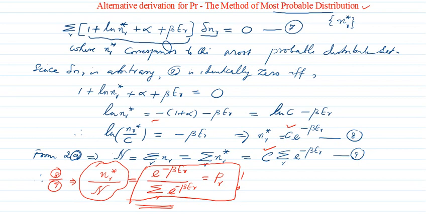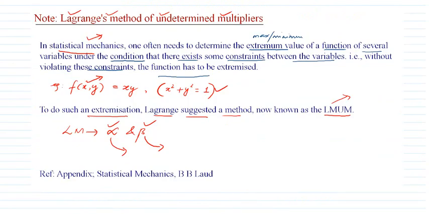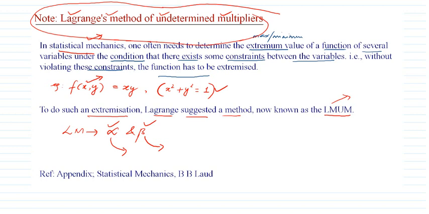Because one thing is that it will help you to master some of the mathematical techniques that will be useful in later topics. For example, since you followed the method of most probable distribution to derive the same equation you had derived earlier, you are now familiar with the technique of Lagrange's undetermined multipliers. So this technique could be introduced because we followed the second approach.